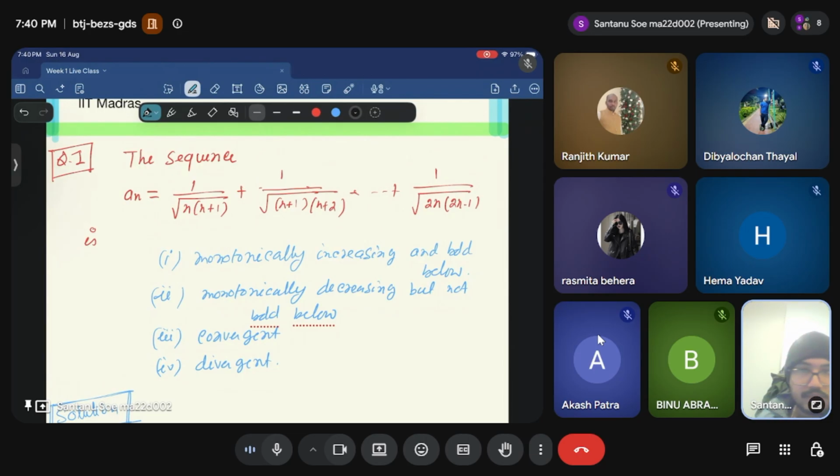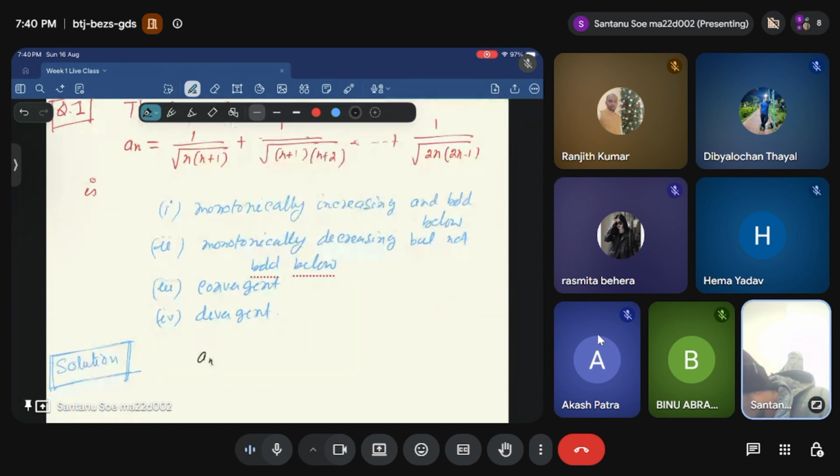So one thing to notice here is that a_n is written as a sum of terms. That means you can write the general term as something like 1 divided by square root of k into k plus 1, where k goes from n to 2n minus 1.